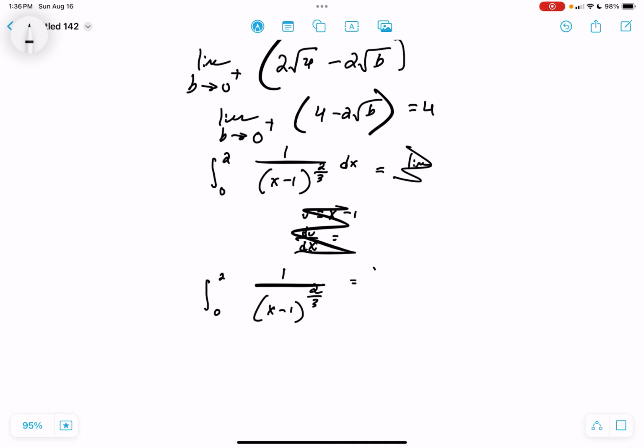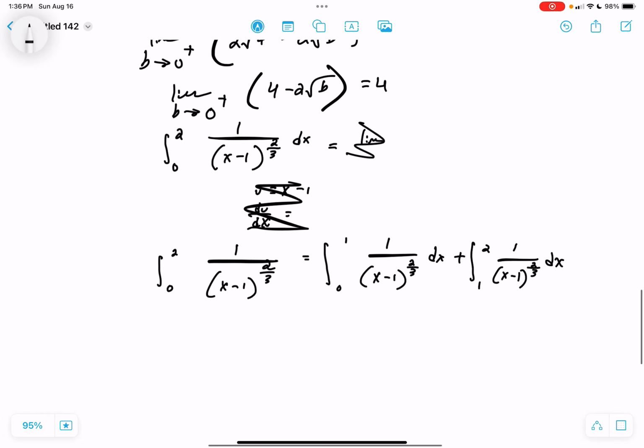So I can rewrite this as the integral from 0 to 1 of 1 over (x minus 1) to the 2/3 dx, plus the integral from 1 to 2 of 1 over (x minus 1) to the 2/3 dx. Okay. So now what can we do?